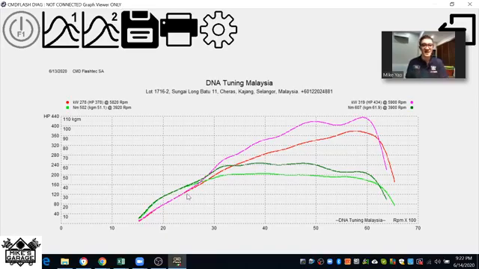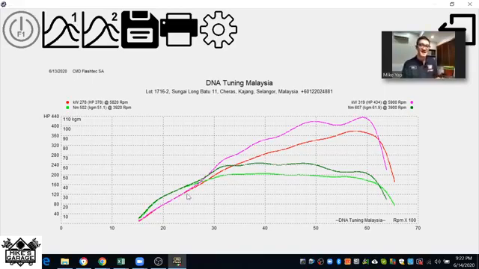Just for instance, with this tune file we are getting 434 calculated horsepower here, so let's see what we get at the wheels. 434 multiplied by 0.85 gives you 368, 370 horsepower, which is very similar to what we get when we dyno these cars.